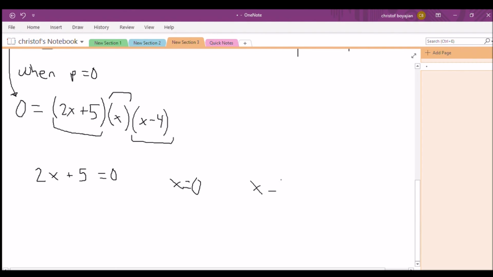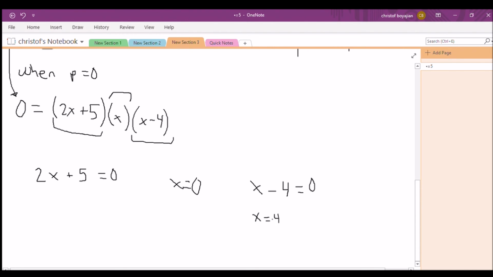Since they're all multiplied together, if one value equals 0, then anything times 0 is 0. So when x minus 4 equals 0, I forgot to write this out, we get clearly that x equals 4.